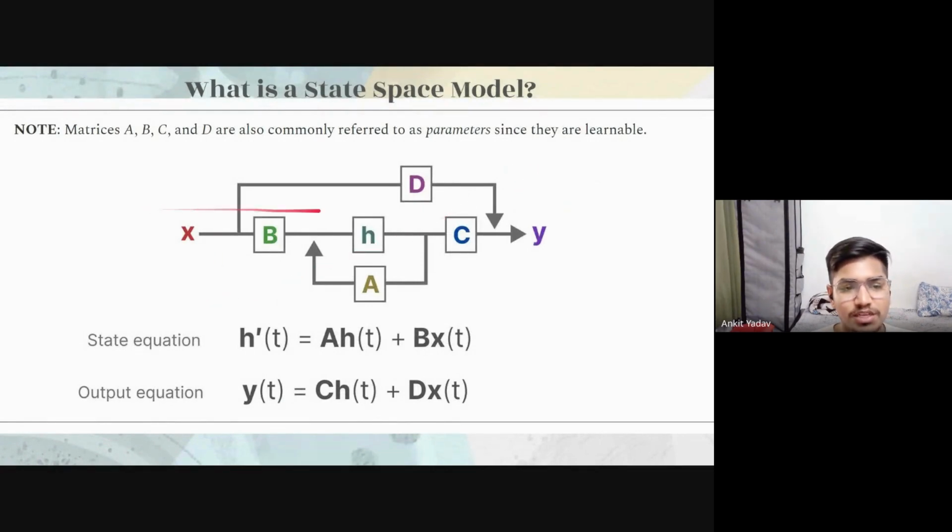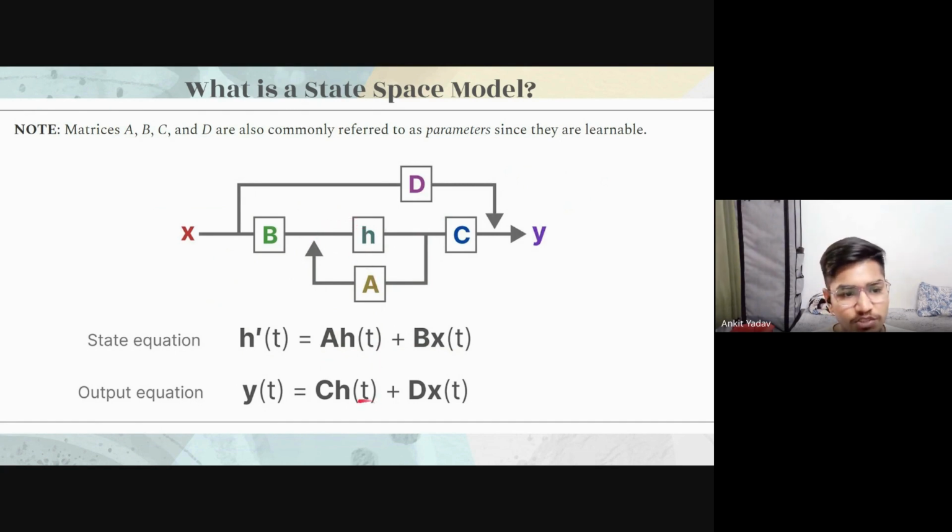If I visualize it as a flow, I'll start with this. I have Bxt: x gets multiplied with B and comes here. I have Aht: I take h and multiply it with A. Now I join them here and produce the new h again.